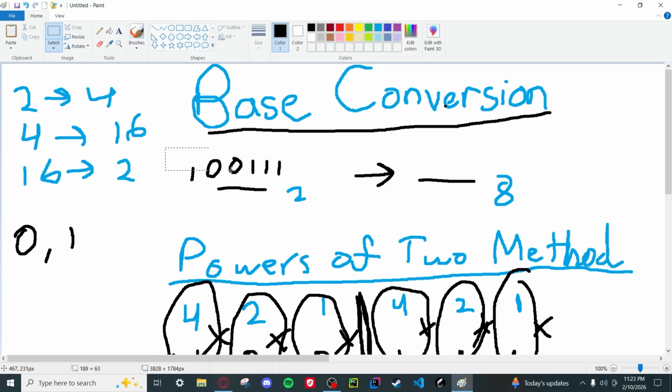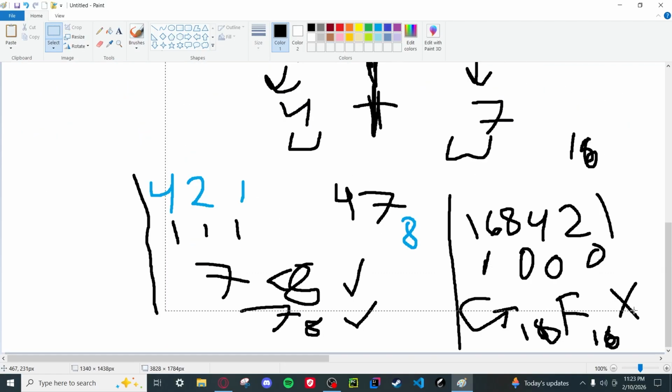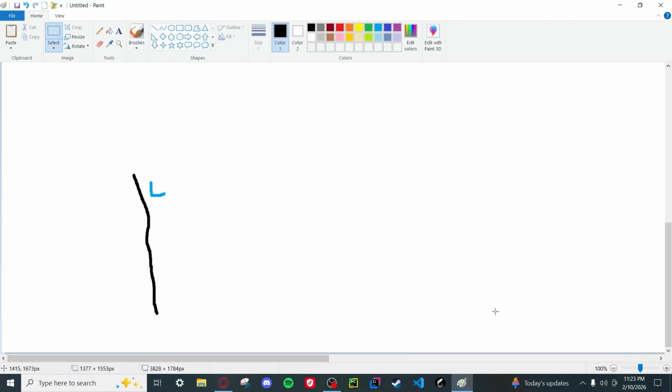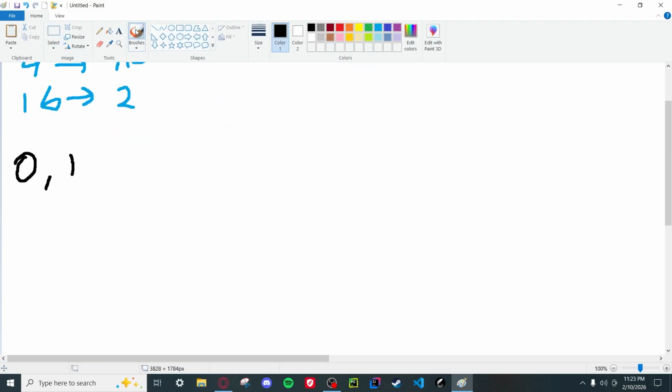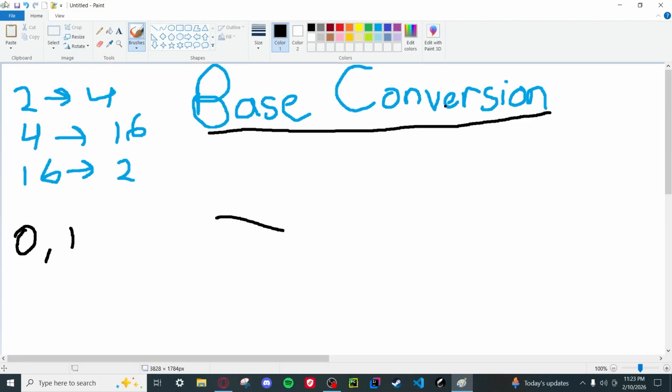Now let's kind of flip the script. I want us to talk about converting, let's say, now we haven't had many examples that deal with hexadecimal numbers. Let's look at this number in base 16. And, excuse me, I'm going to ask you for it in base 2.